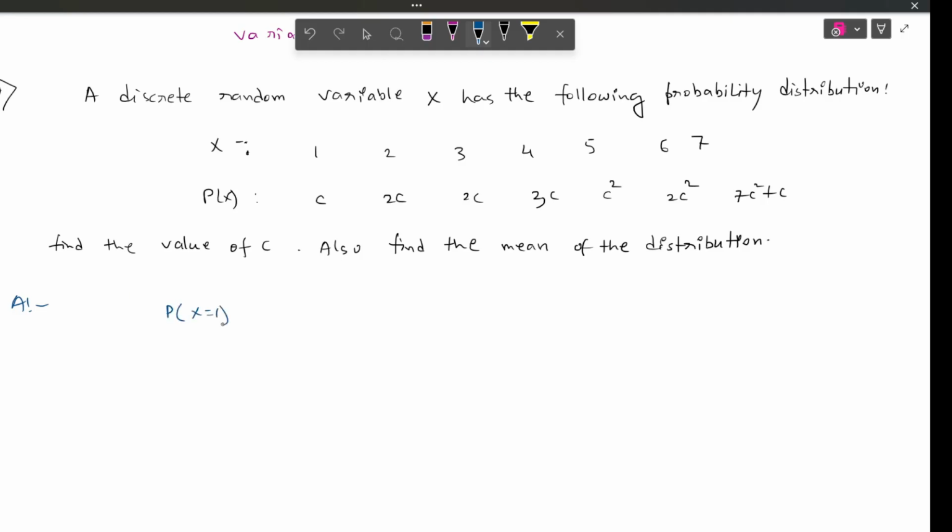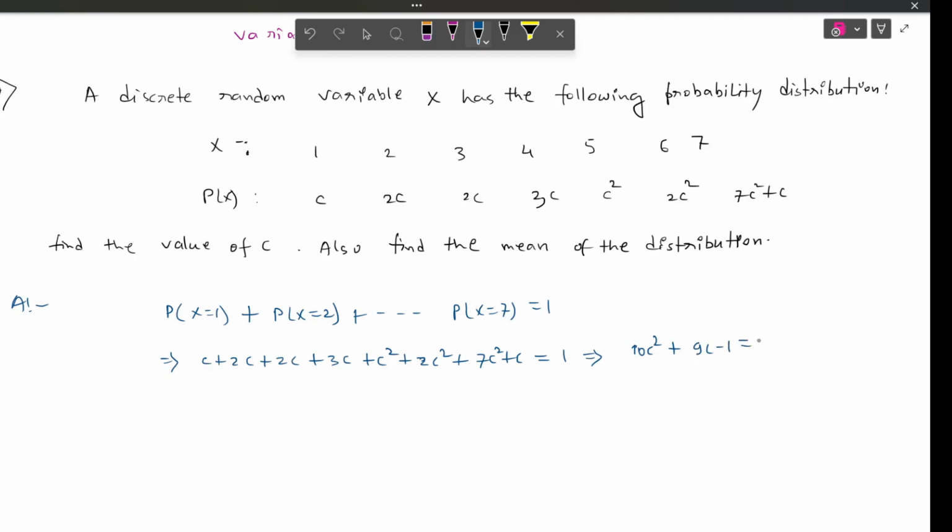So P of x equals 1 plus P of x equals 2 in this manner, P of x equals 7, this should give 1. So C plus 2C plus 2C, 3C, C square, 2C square, 7C square plus C. This should give 1. That means 10C square plus 9C minus 1 should give 0. So after taking middle term, you will get it as C plus 1 and 10C minus 1.